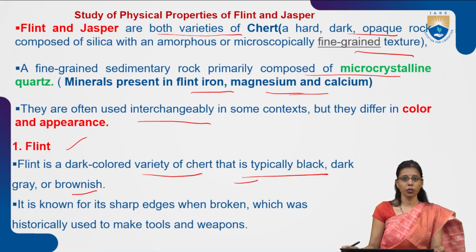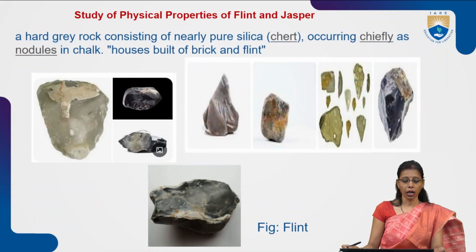This color depends on the type of impurities present, and flint is also known for its sharp edges when broken, which was historically used to make tools and weapons. It is a hard grey rock consisting of nearly pure silica. Here you can see the types of flint, with different colors. It is pure silica chert occurring chiefly as nodules in chalk.